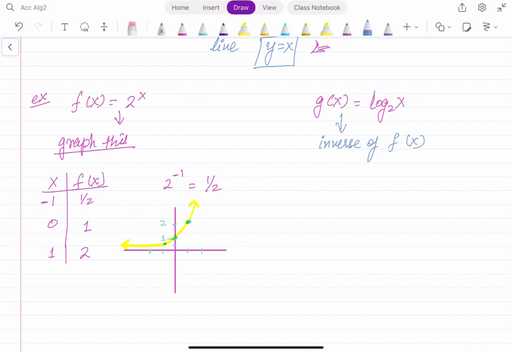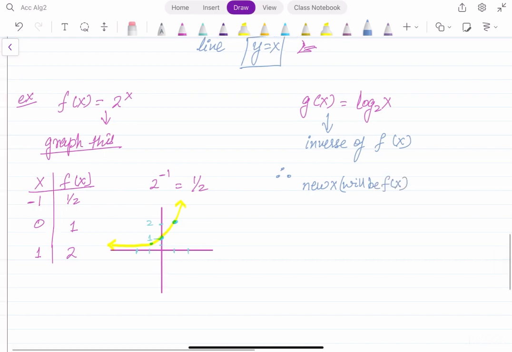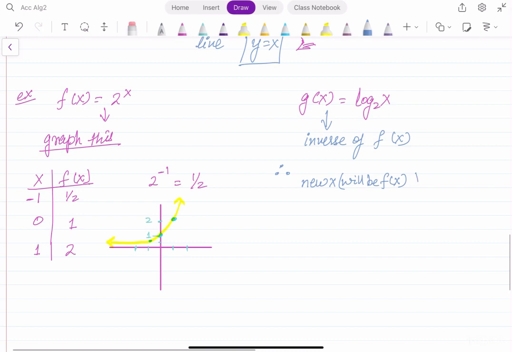Now, for g of x, we are finding the inverse. That means we are just switching the x and y ordered. But we are doing the reflection in the line of y is equal to x. So new x will be f of x, and new y will be the x coordinate from the f of x graph.